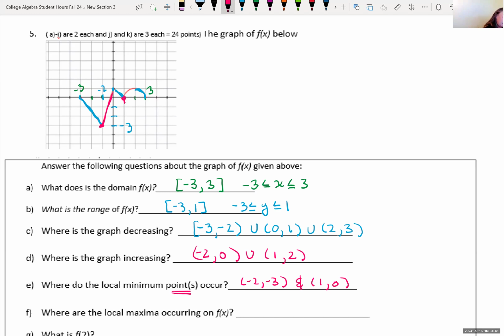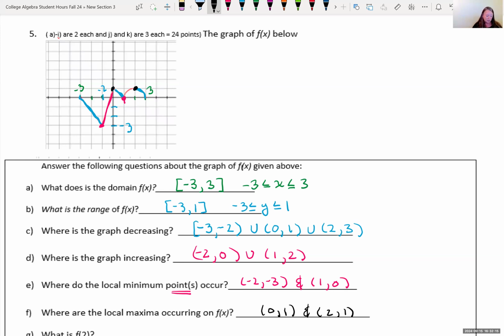Maximum, I see here that I have a maximum point. That's where we're increasing and then decreasing, at x equals 0, and I have another maximum here at x equals 2, 1.